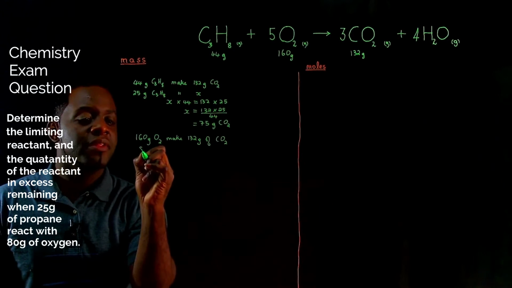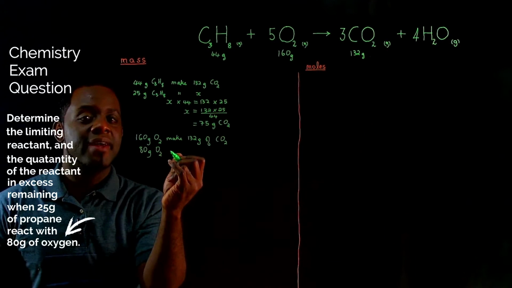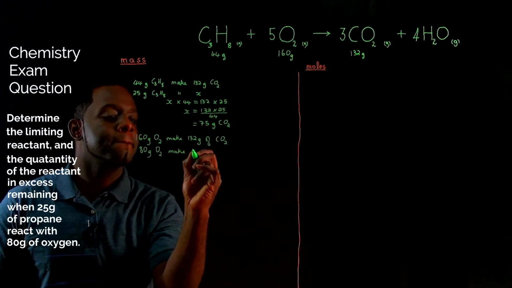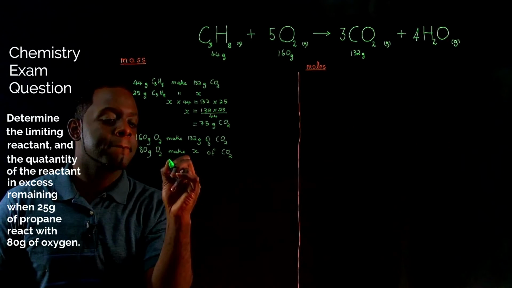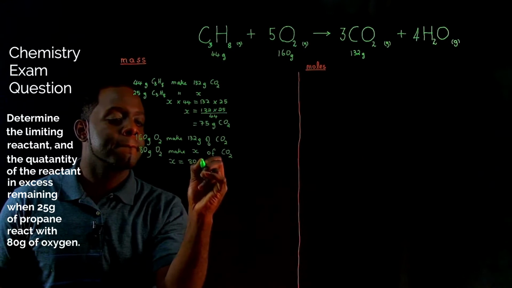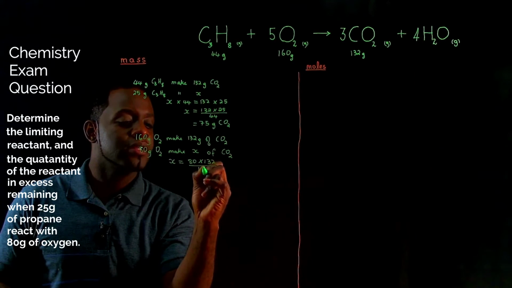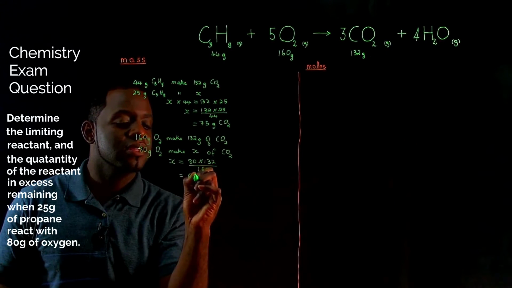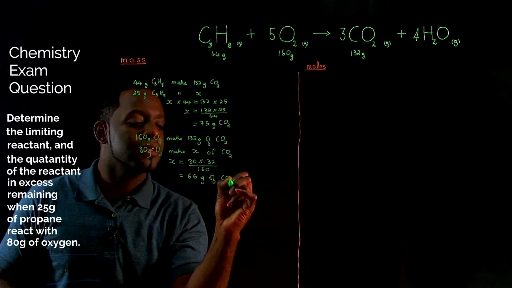Therefore, if we start out with 80 grams as stipulated by the question, X is 132 times 80 divided by 160, which is equivalent to 66 grams of carbon dioxide.